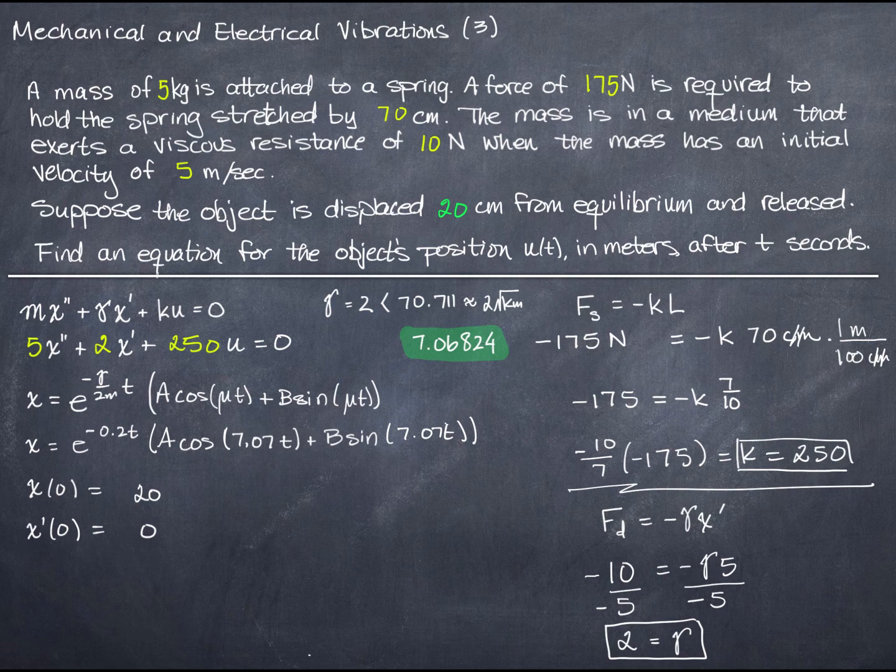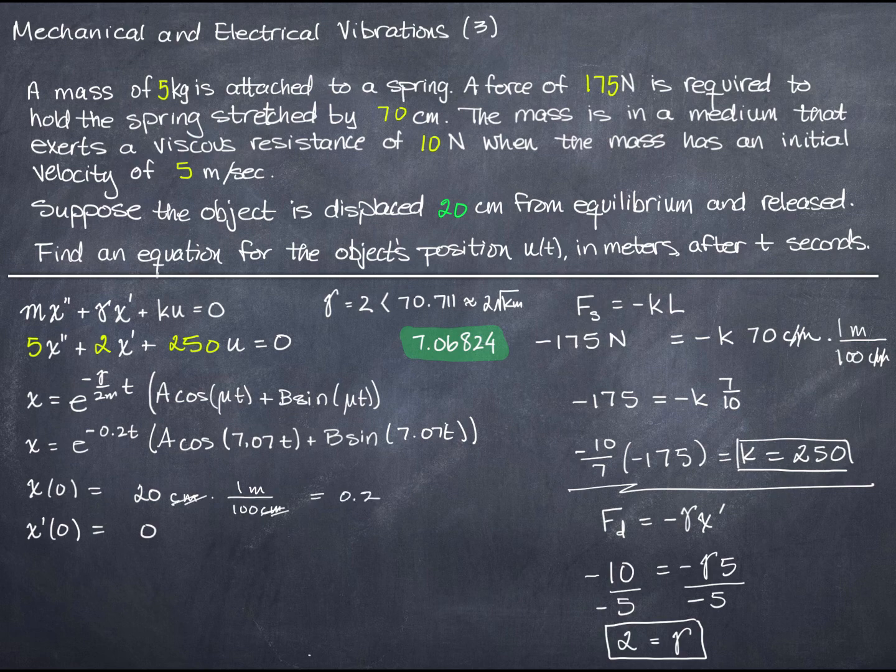We are going to have to keep in mind our units here. Again, this is 20 centimeters, so I need to convert that. I've got 100 centimeters here and a meter here, and these cancel. So this converts to 2 over 10 or 1 over 5 or 0.2.